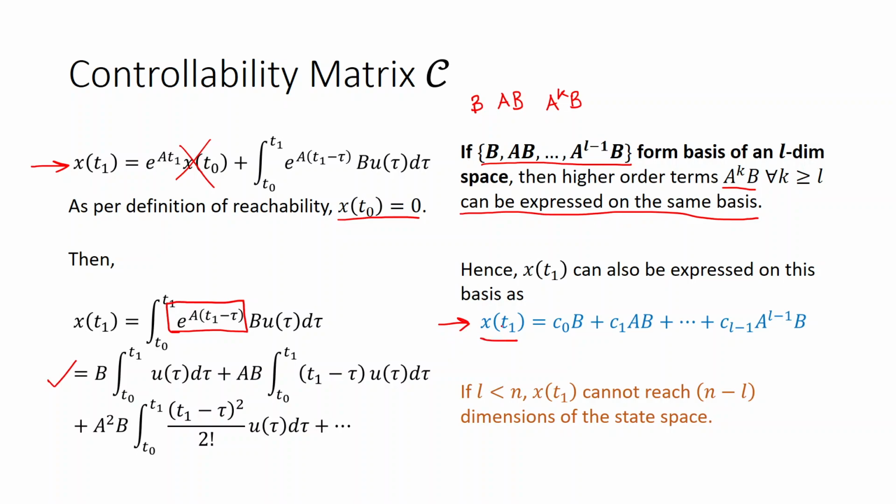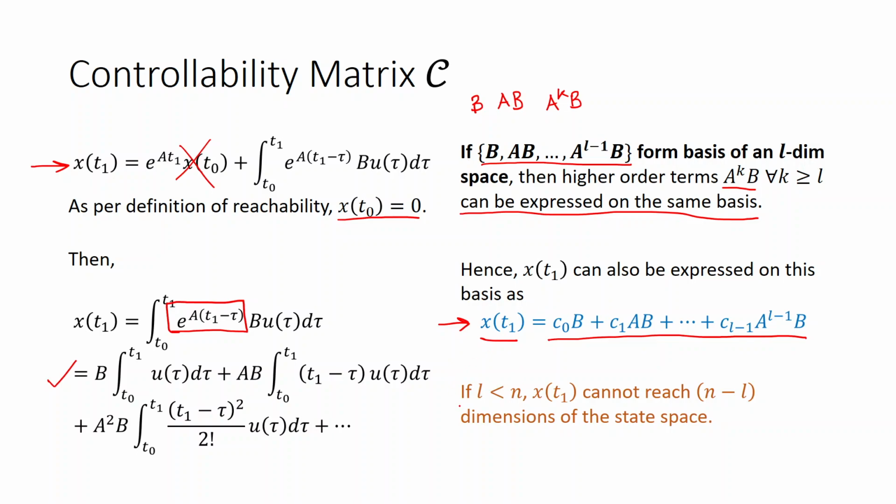Then you can express x(t1) as a combination of those L number of basis vectors, because the higher terms A to the power of k B can also be expressed on the same basis.